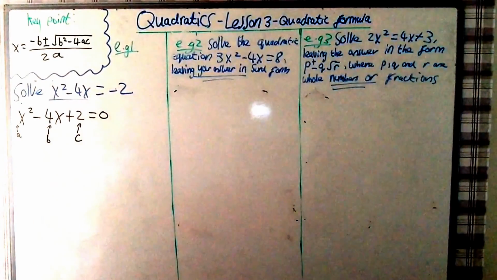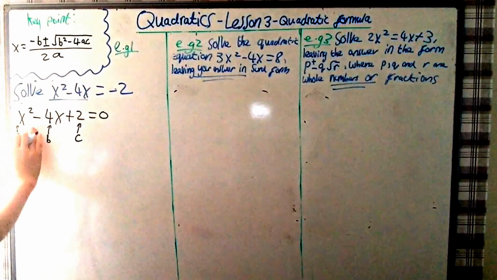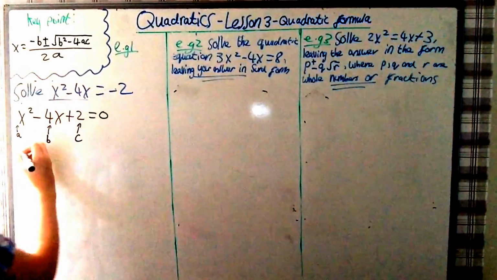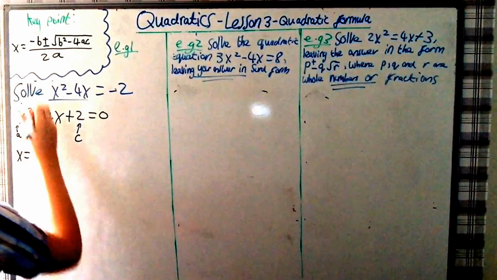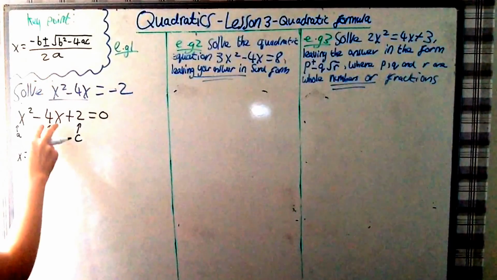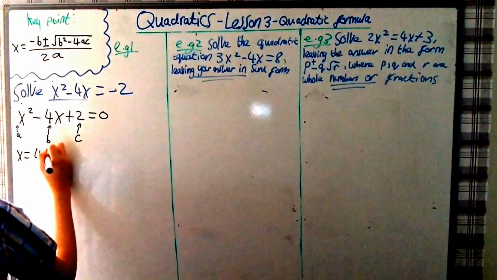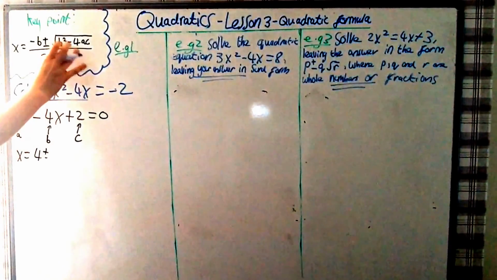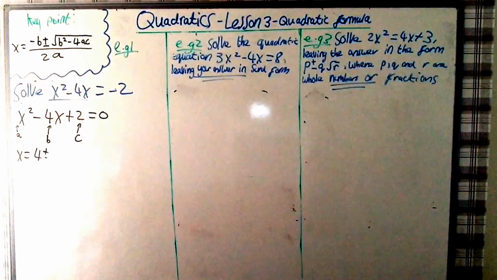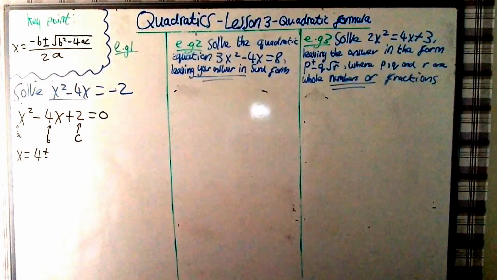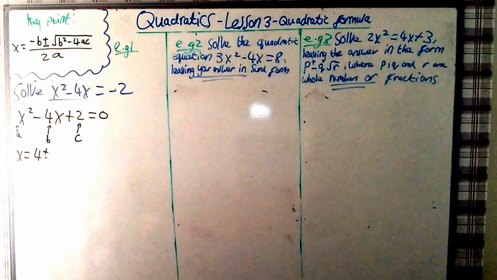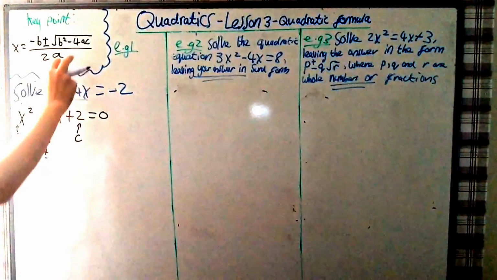So all we do now is we substitute these numbers into the quadratic formula. So x equals minus b. So if it's minus 4 minus, that's going to become a positive 4. Now I should say, it's worth quoting this formula before you even start answering the question. That just shows that the examiner can see exactly what you're doing and that you do know what you're doing.